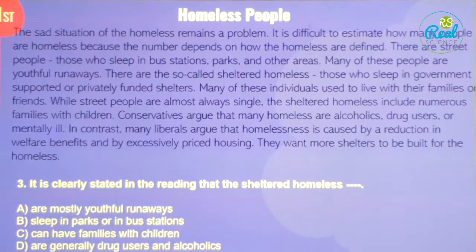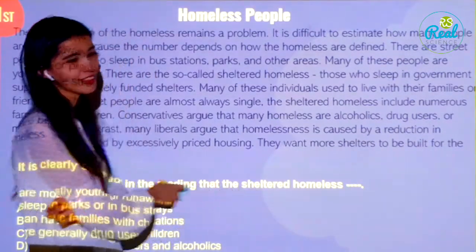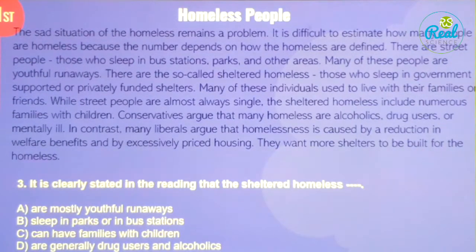Incorrect, incorrect, incorrect. I don't see a correct answer. None of you answered correctly. Guys, they're clearly focusing on the sheltered homeless. Okay, now I see correct answers. The words sheltered homeless just jumped out at me.